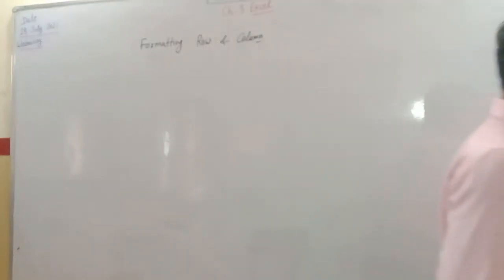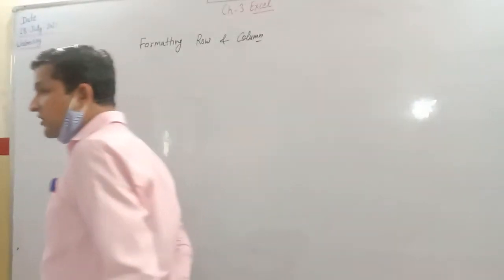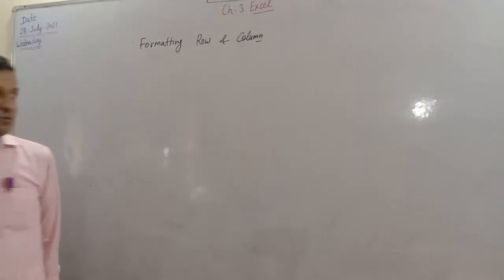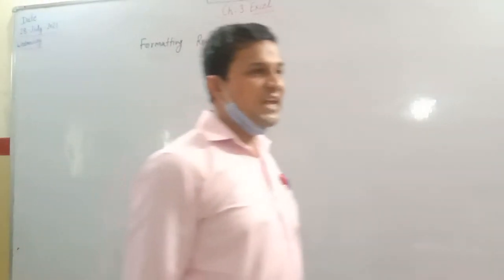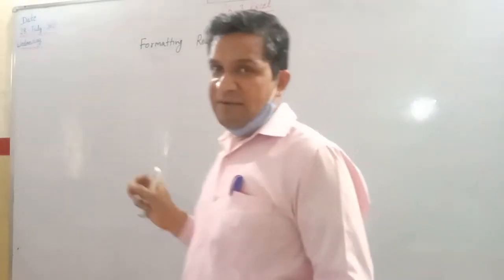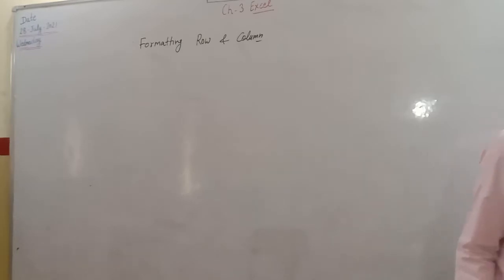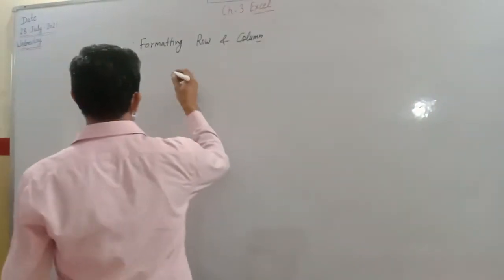Row formatting or column formatting contains many features. Formatting can be related to the alignment, it can be related to the size of the column, it can be joining two rows, or joining two columns. Many types of formatting are available. But in this session we are studying about width and height.